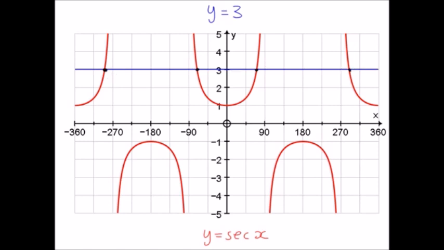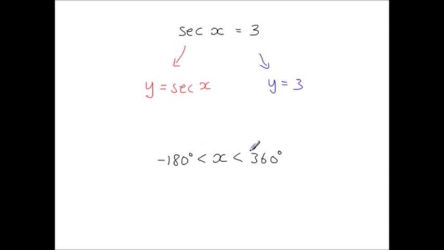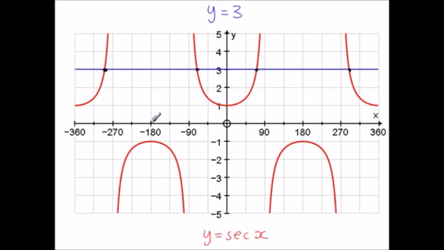There's 4 there, but again we have to stick to our range of angles for x, minus 180 to plus 360, so just that lot there, there will be 1, 2, 3 solutions.